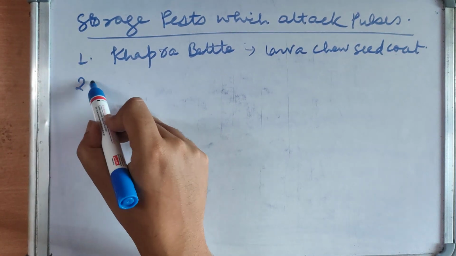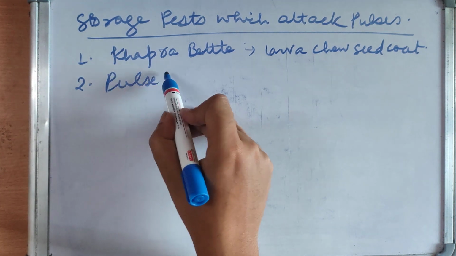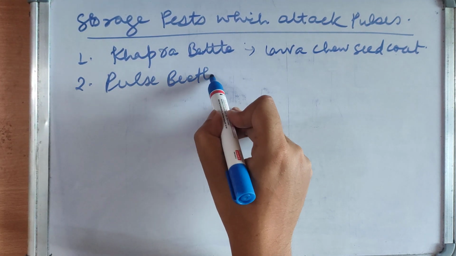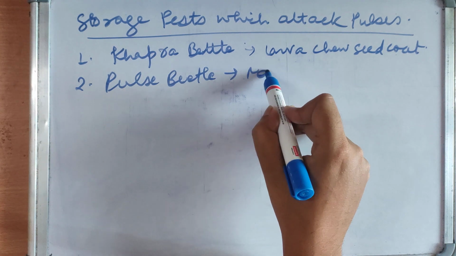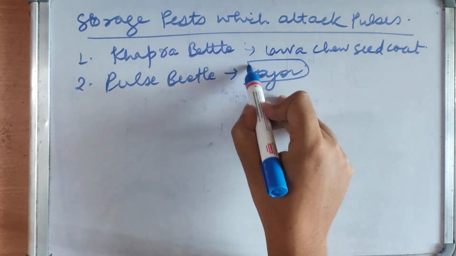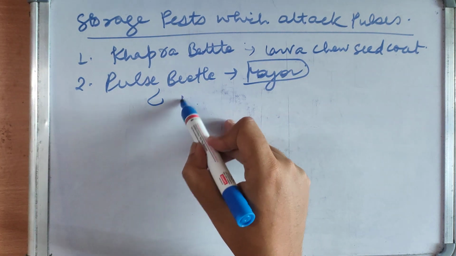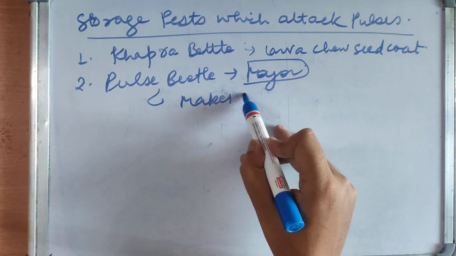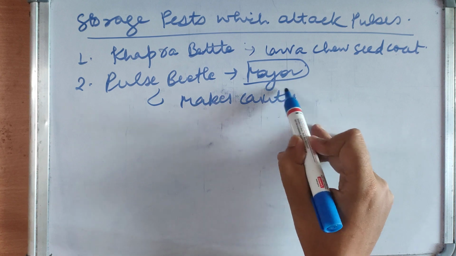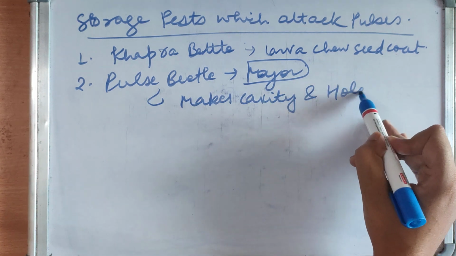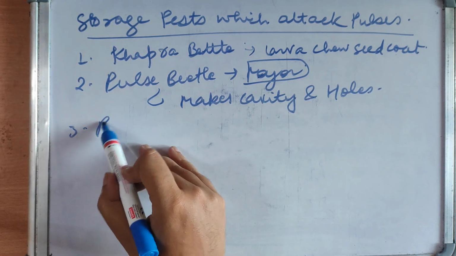Second one is pulse beetle. It is a major storage pest of pulses. It makes cavities and holes in pulses. Third one is red flour beetle.